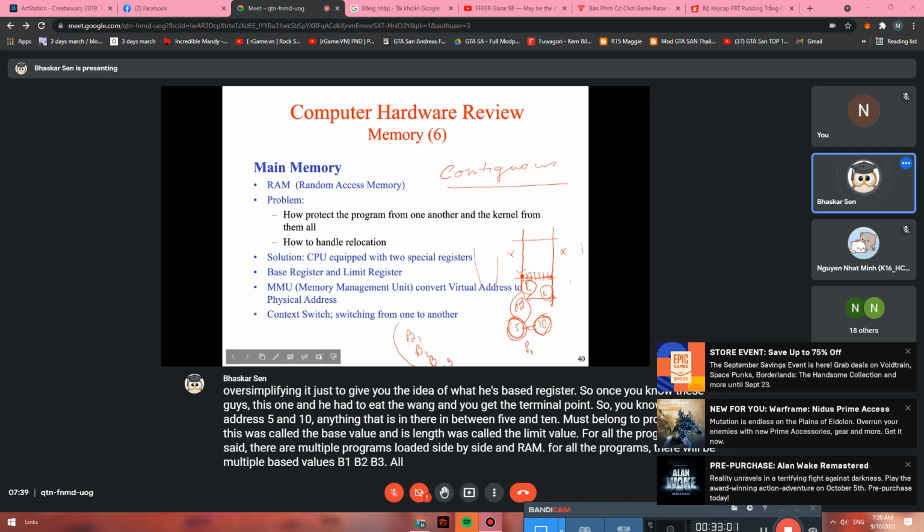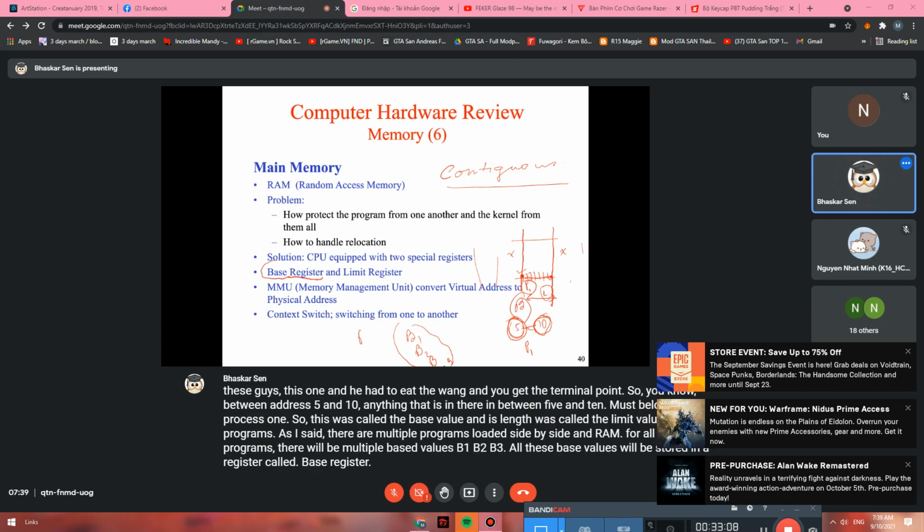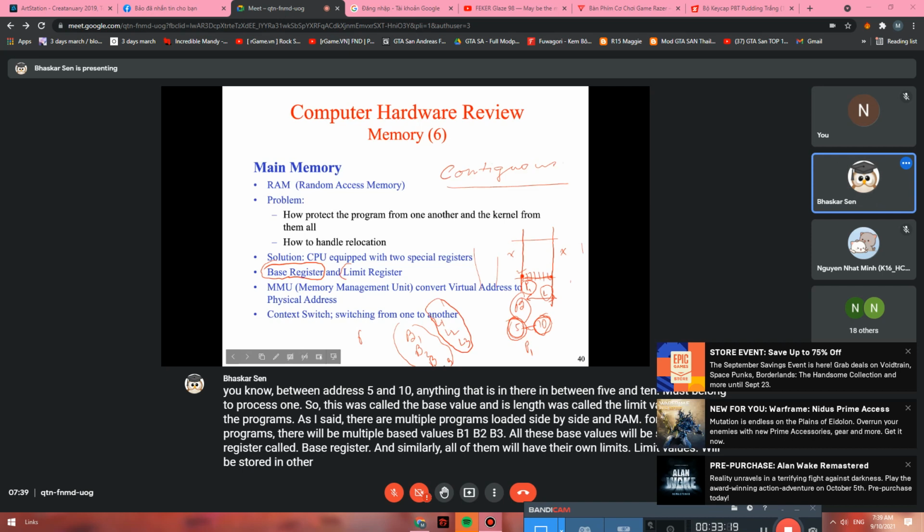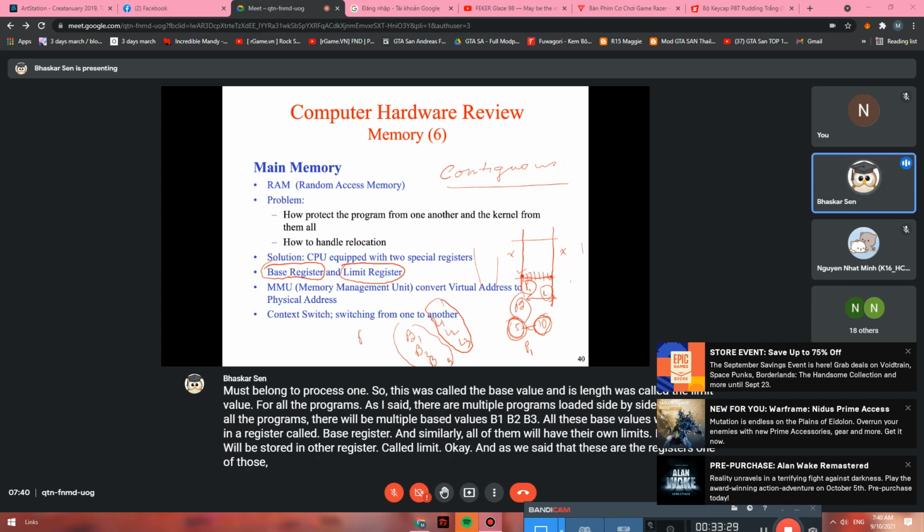All these base values will be stored in a register called the base register. And similarly, all of them will have their own limit values, which will be stored in another register called the limit register. As we said, these are registers, among the n number of general purpose registers that we had in there.